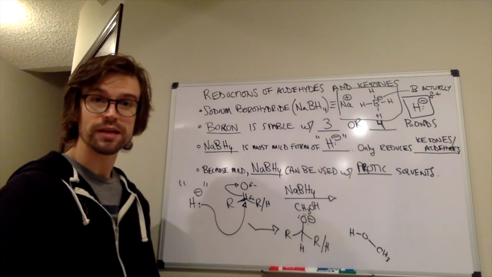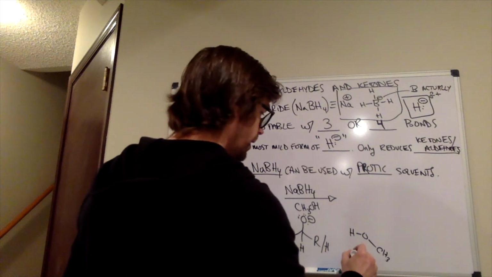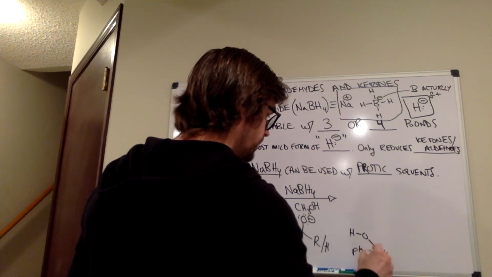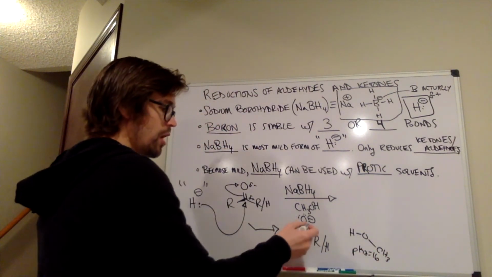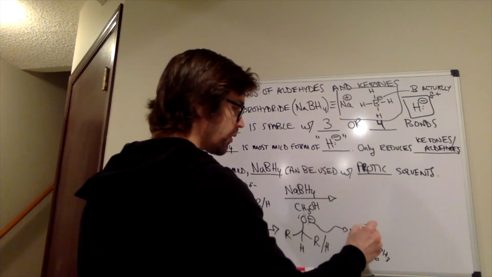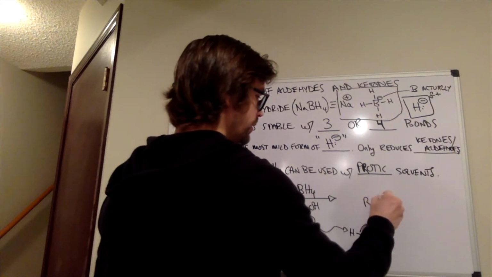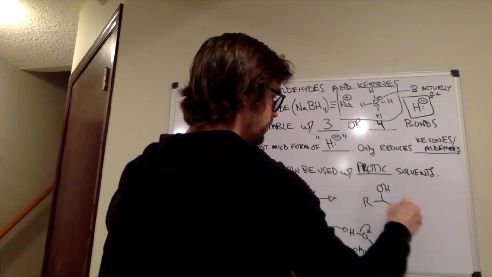You should know that pKa. What is that pKa? Good job. Yeah, the pKa of an alcohol is about 16. So when we have this alkoxide here, it can deprotonate that alcohol. So the product at that point would be this alcohol.